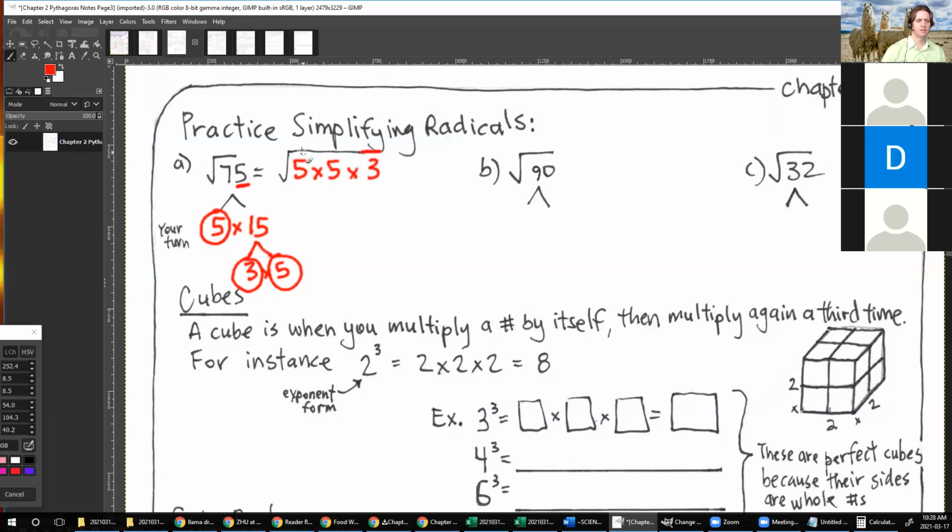The next step, I'm going to circle my pairs. And then I can pull that out of the square root. If I pull a pair out, it just becomes one of those. And then I've still got a square root of 3. The 3 is, again, pretty lonely. Hopefully I save it next time. And so the answer is going to be 5 square root of 3, or 5 root 3.